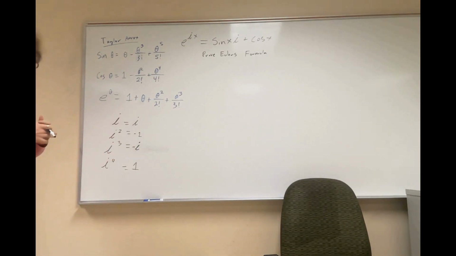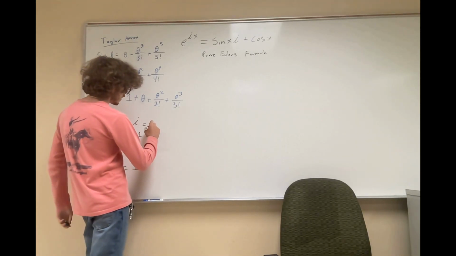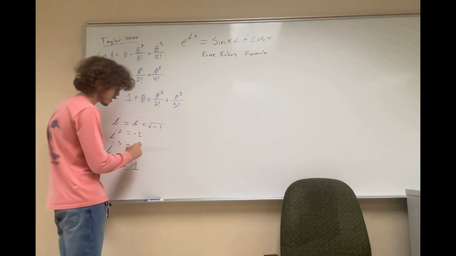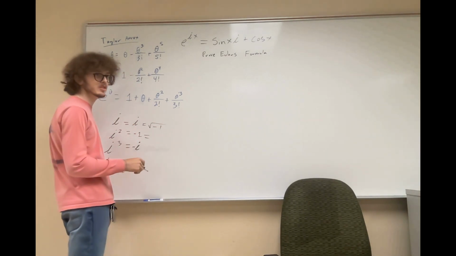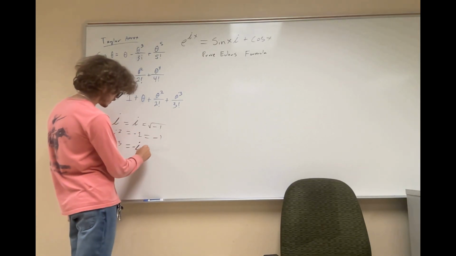I also want to point out a trend when we look at imaginary numbers. This will become important. The imaginary number i is equal to i, but if we square it, it's -1, because we define this to be the square root of -1. When you multiply two square roots together, the radical goes away, it's just going to be -1.